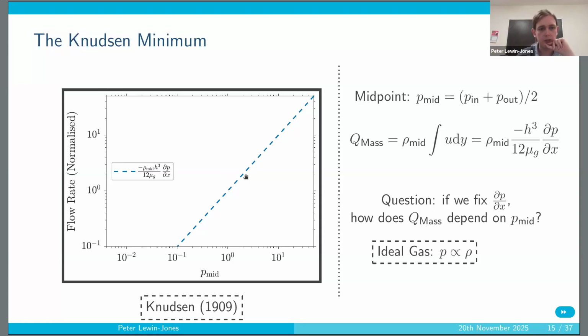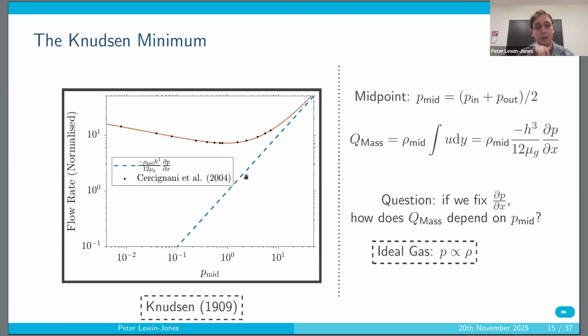But what was found is that if you go to low enough pressures, this just isn't at all what the actual experiments look like. In fact, the curve ends up looking something like this. As you decrease the absolute pressure, keeping the pressure gradient constant, you find that eventually, as I'm decreasing the pressure going this way, at some point the flow rate actually starts increasing.